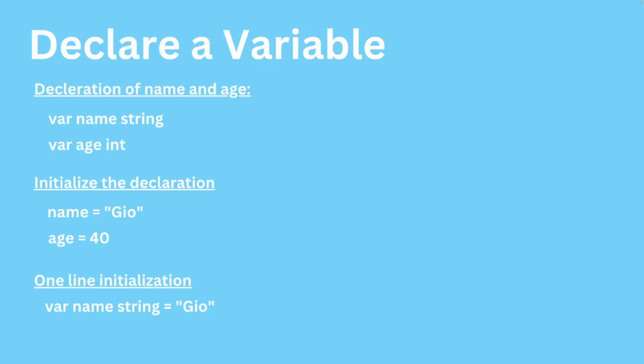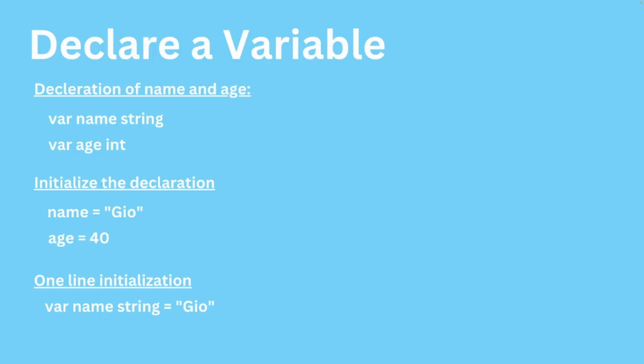Now, declaring just means what the name specifies. We're just declaring that we're going to have a variable of this name and of this type. Now, to actually store something in that variable, we're going to initialize it. All right, so we declared it, but now we're going to initialize it. We're going to actually give that variable a value. So you can see that we're giving name the string geo.